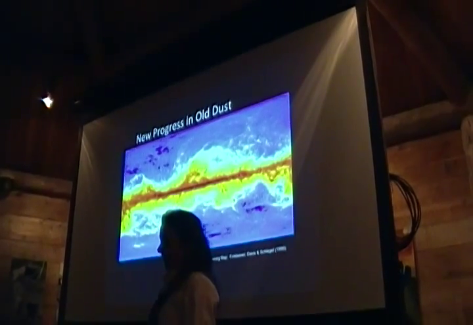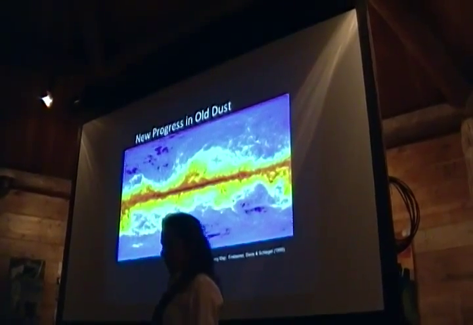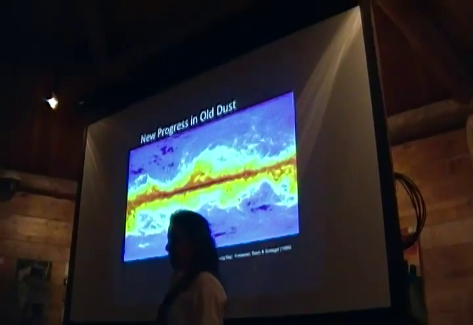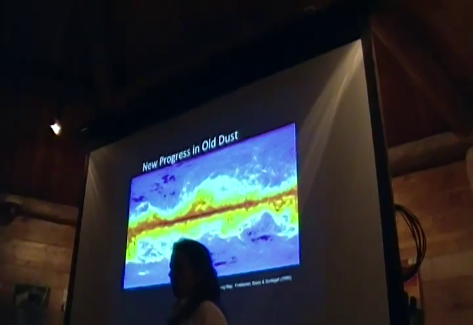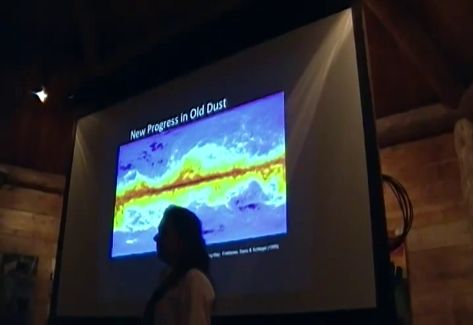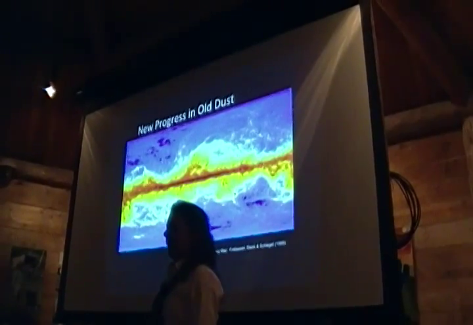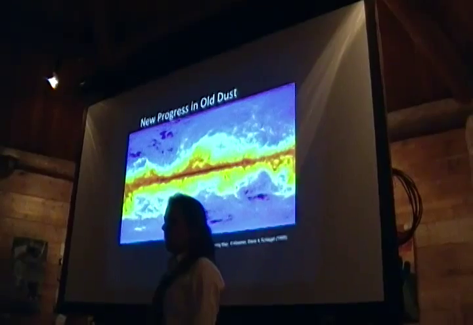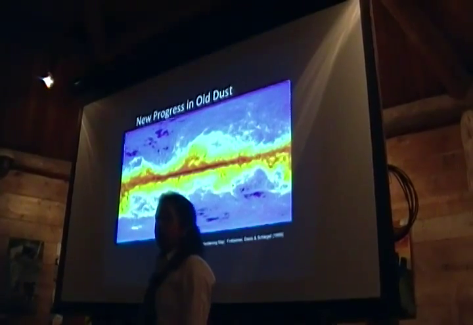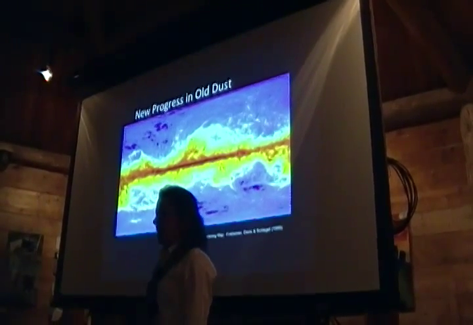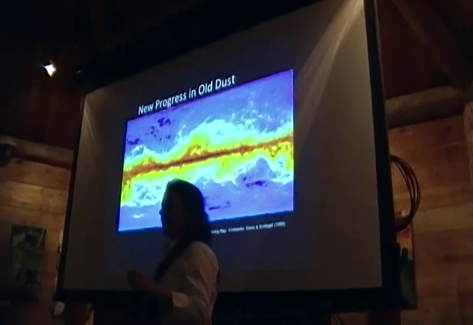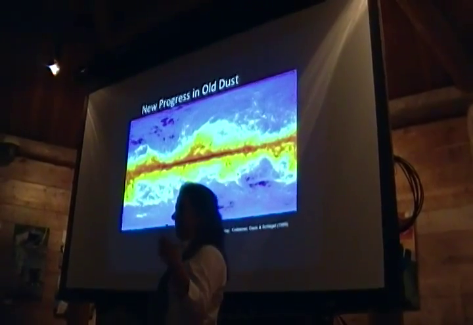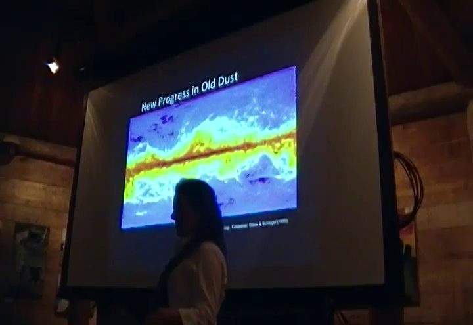That's also dust and gas. This is a picture of the reddening due to dust. So let's say you were going to look at quasars or galaxy clusters, and you want to measure their color. You need to know how much they have been made more red by that nearby Milky Way dust.